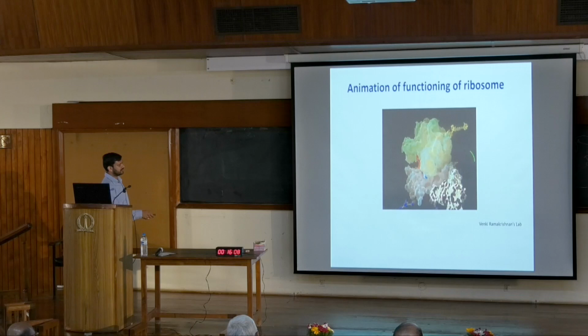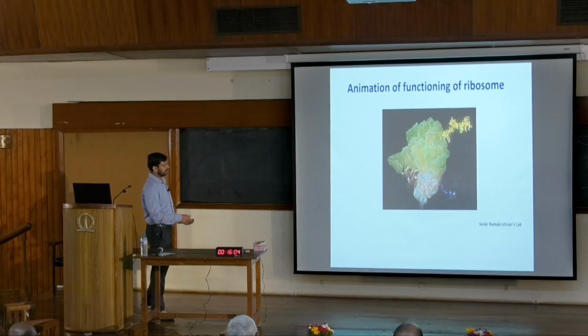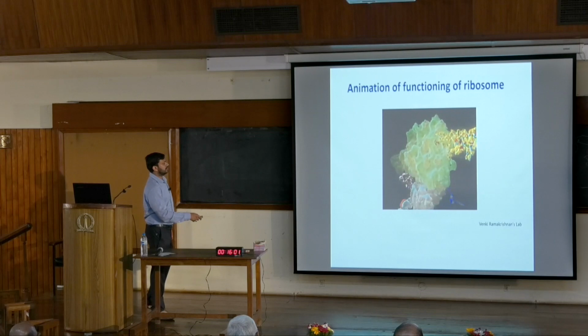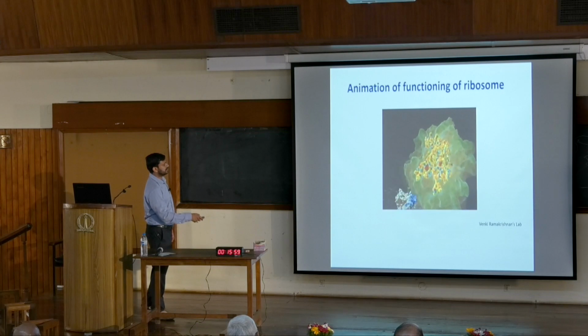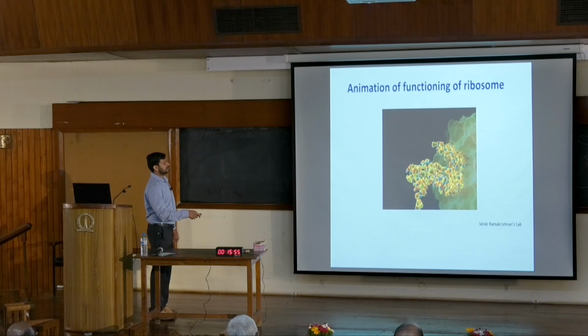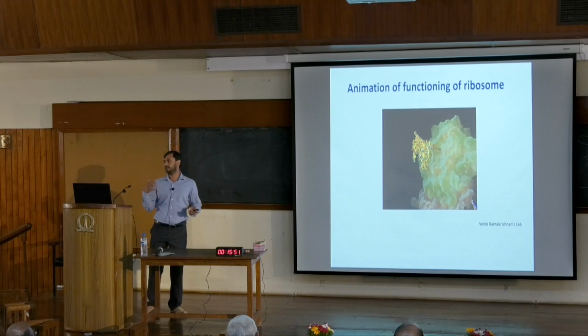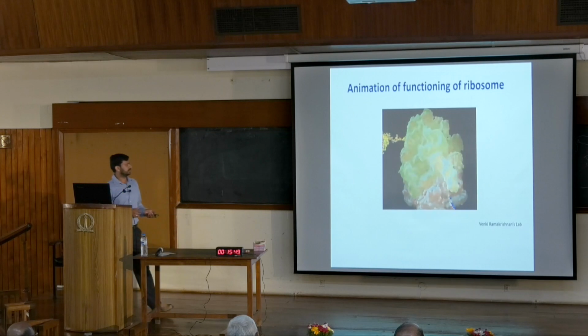This happens at a very fast rate, in terms of milliseconds for each amino acid attached. And you can see here the polypeptide chain which is coming out of the exit tunnel. Now as it comes out, it can fold inherently by itself or with the help of other protein factors or chaperones.